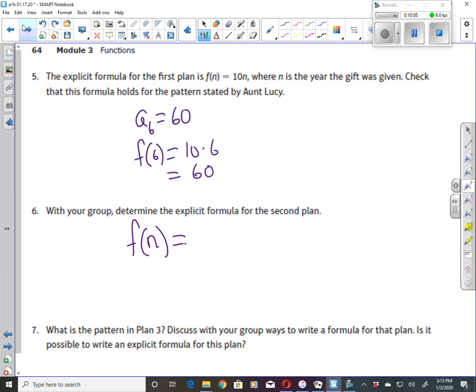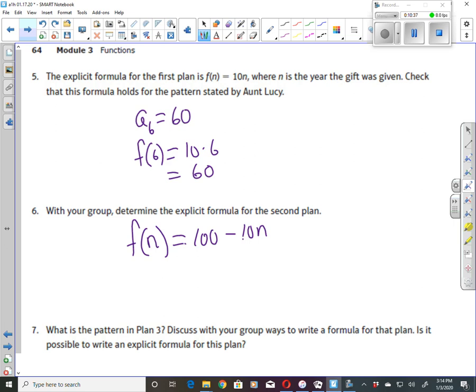Now remember our numbers went 100, 90, 80, 70, etc. So in this case, f of 1 we know is 100. So this is going to be something like 100 minus 10n.